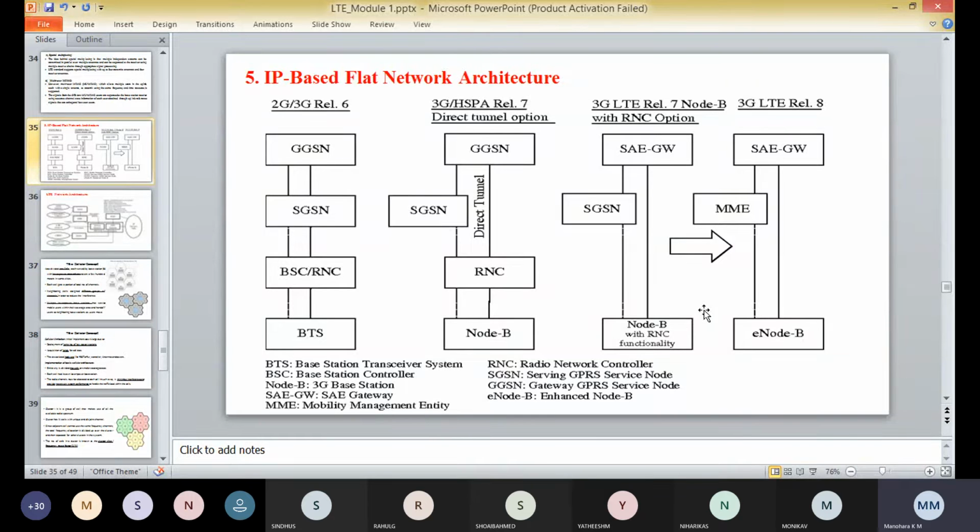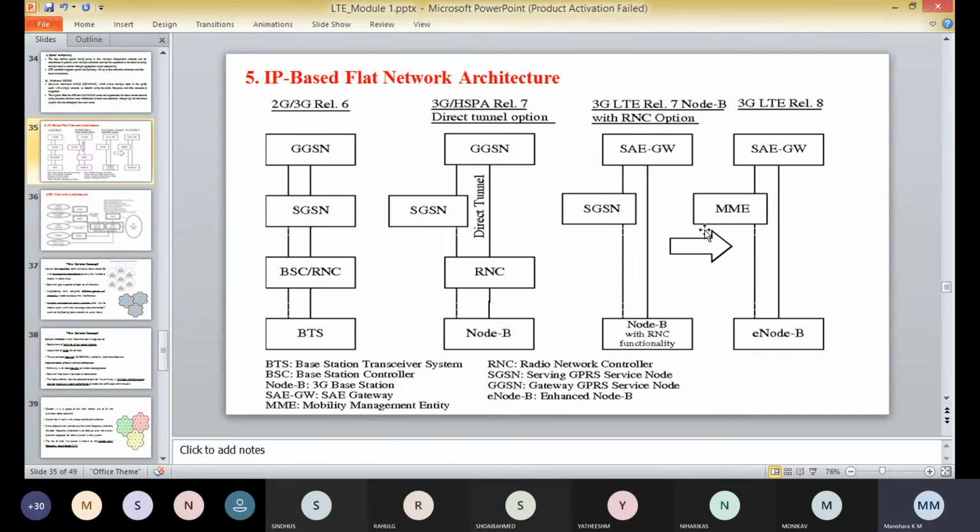Unlike the previous cellular systems, LTE merges the base station and the radio network controller functionality into a single unit. The control path includes a functional entity called the mobility management entity, that is the MME, which provides the control plane functions related to subscriber mobility and session management.